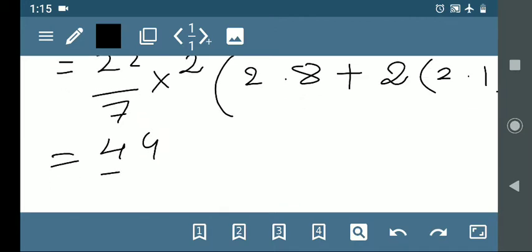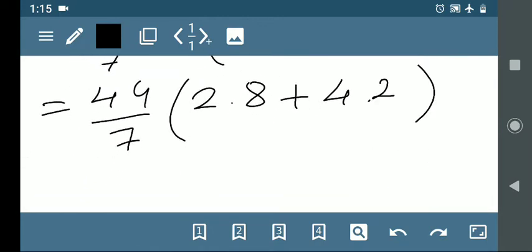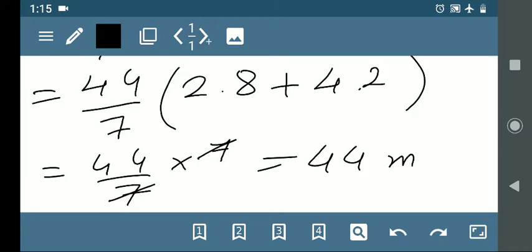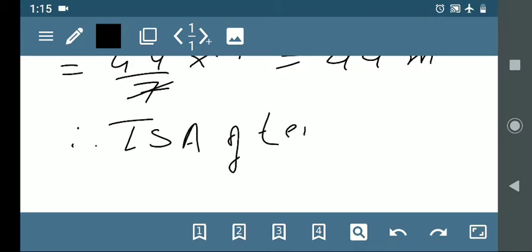So now 2.8 plus 2 into 2.1 is 4.2. So 44 divided by 7, 2.8 plus 4.2 is also 7. 7 cancel is equal to 44 meter square. 44 meters square is the total surface area. So therefore TSA of tent is equal to 44 meters square.